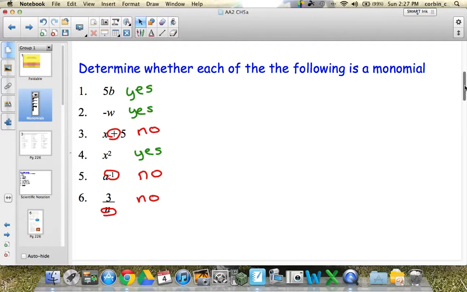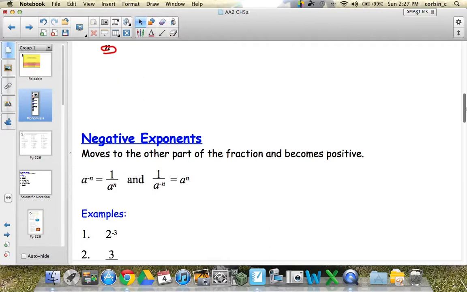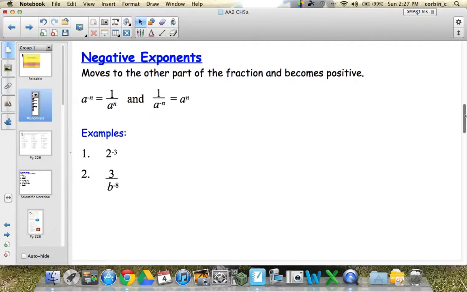Now we're going to look at some of the properties and how to work with things that have exponents on them. So my first example is negative exponents. A negative exponent, when it's applied to a variable or a number, moves that part of the fraction to the other part of the fraction. So if a to the negative n is on top of a fraction, think of this as being a to the negative n over 1.